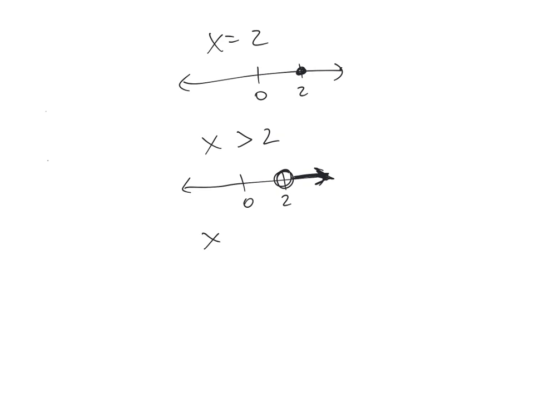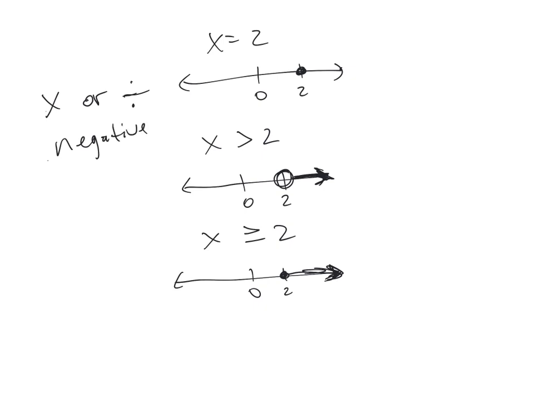If we had x is greater than or equal to 2, then we would have the same thing with a closed circle. Okay, so the two things that you needed to learn besides just solving, we solve these just like an equation, the two things you need to know is how to graph, and the fact that if you multiply or divide by a negative, you flip the sign. All right, come see me with questions. Take care.